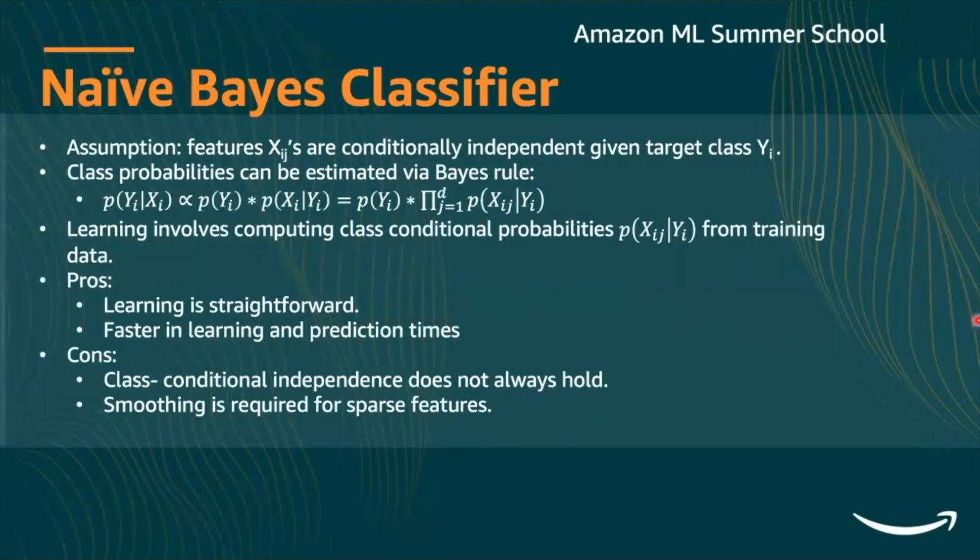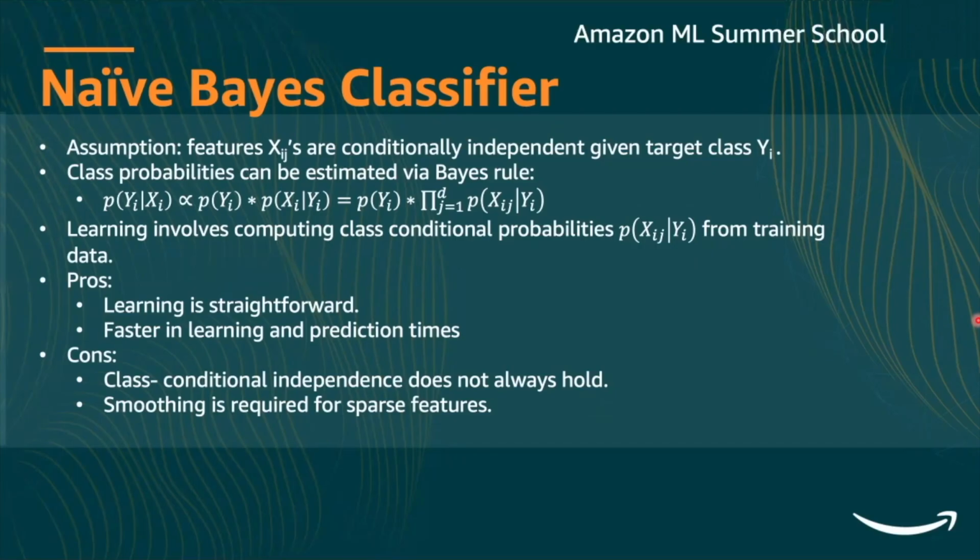Let's take an example. Let's consider a fruit, let's say the fruit is an apple. That fruit will be considered an apple if it is red, round, and about, let's say, 3 to 4 inches in diameter. Without knowing that this is an apple, these features might be related.